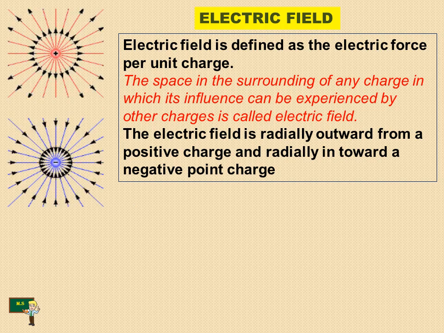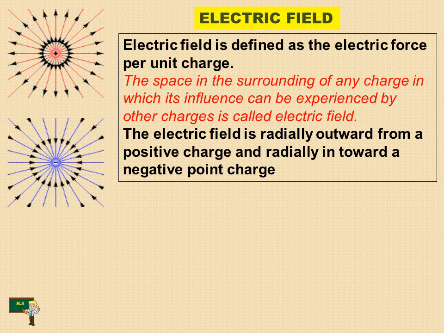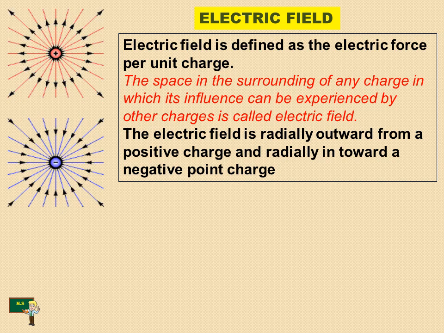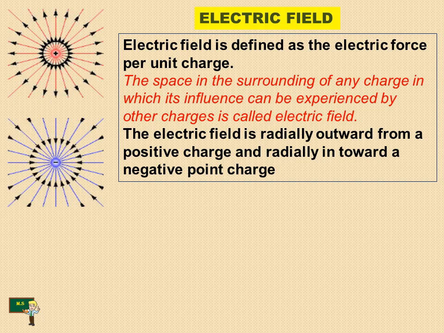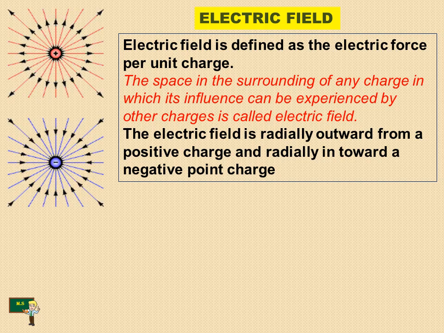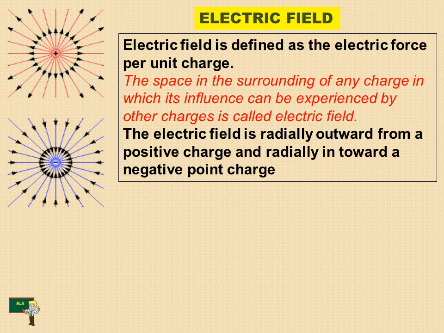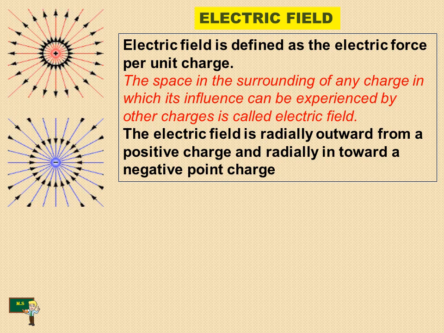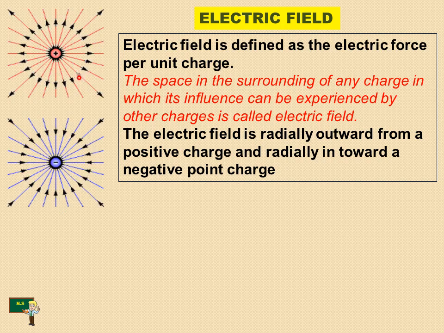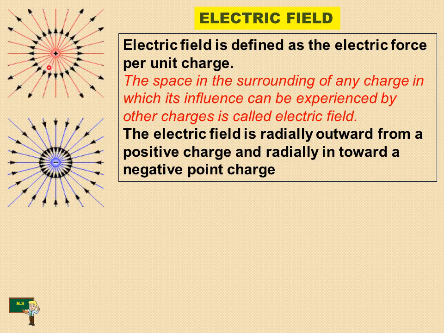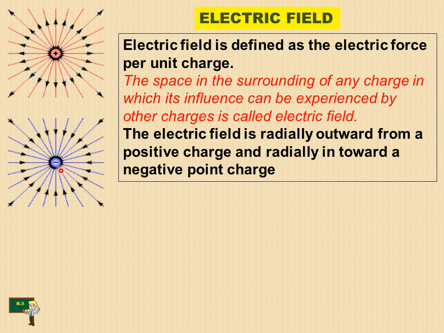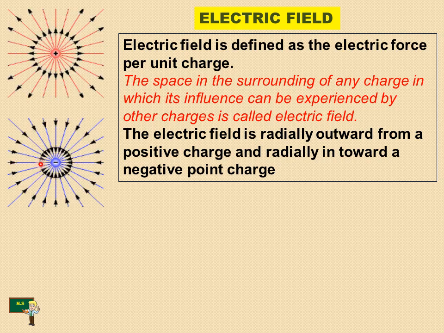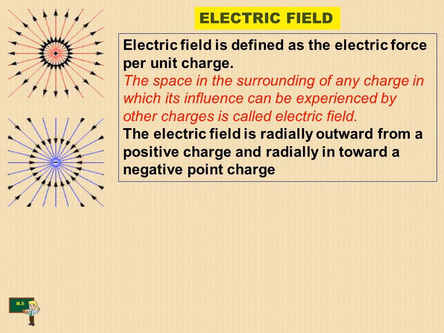The space in the surrounding of any charge in which its influence can be experienced by other charges is called electric field. The electric field is radially outward from a positive charge. You can see here it is radially outward from the positive charge and radially inward toward a negative point charge.